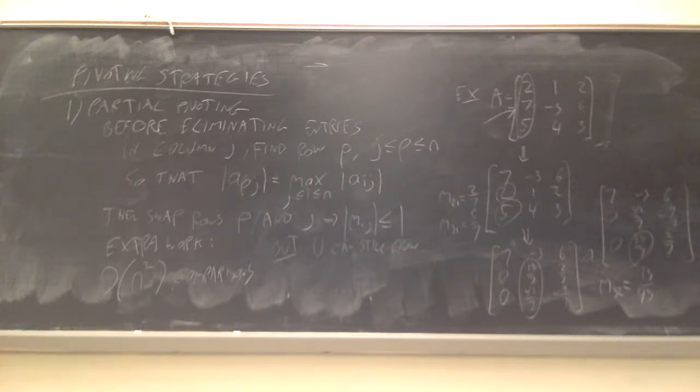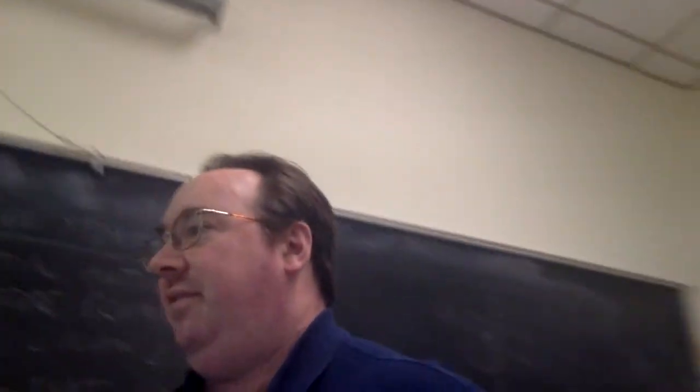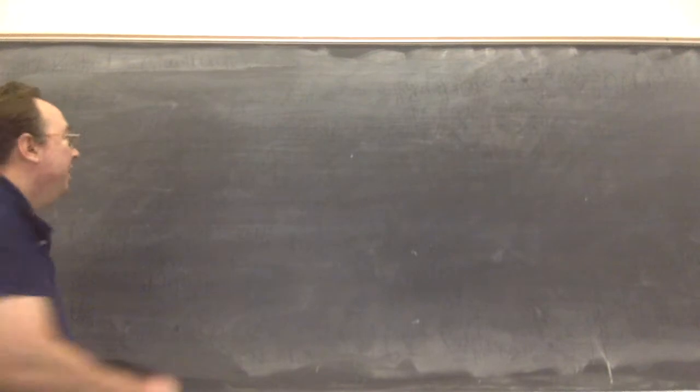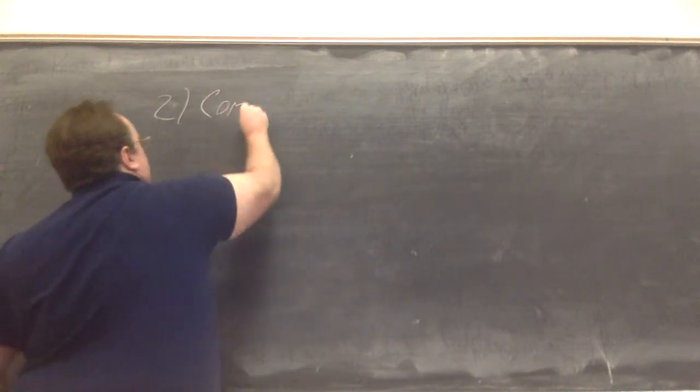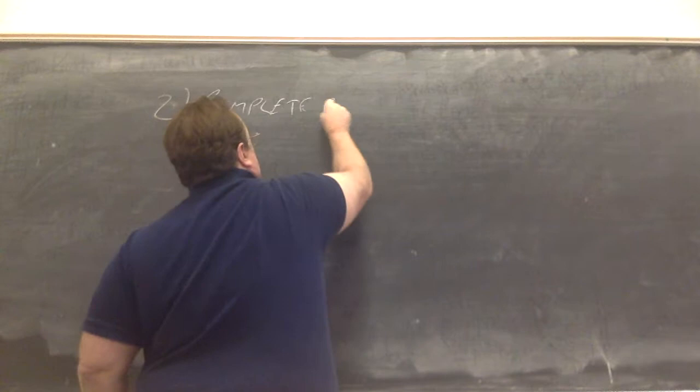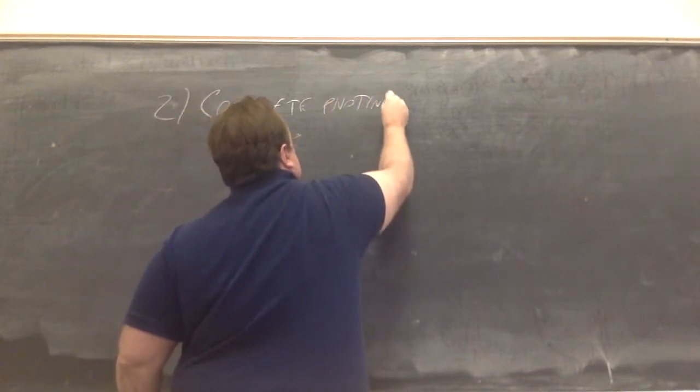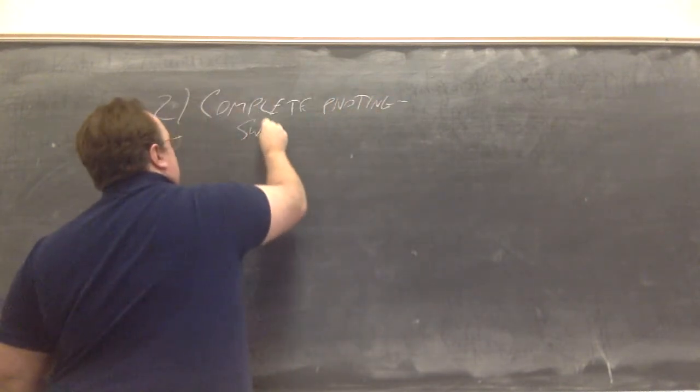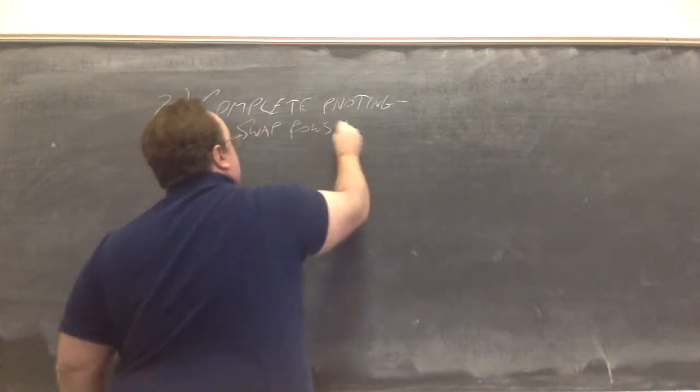I'm going to address very quickly the other approach that's commonly used. So, complete pivoting, as opposed to what we've been calling partial. You swap rows and columns.